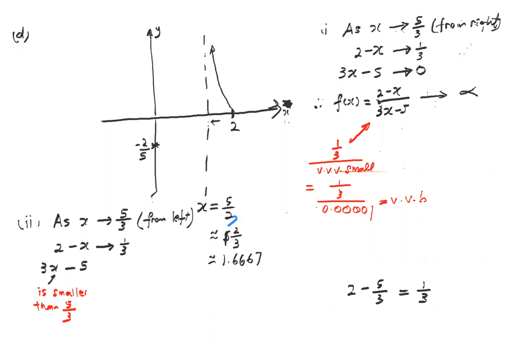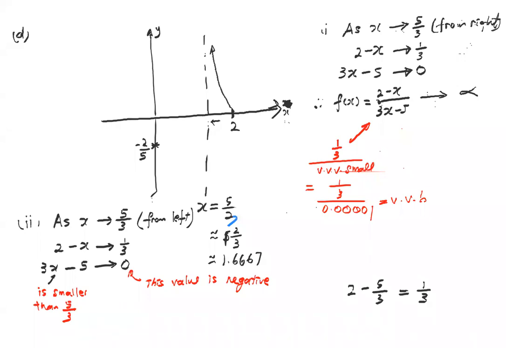It will approach 0, but you have to tell yourself that this value is negative. Because 3 times of a number less than 5/3 take away 5, definitely the value will be negative.